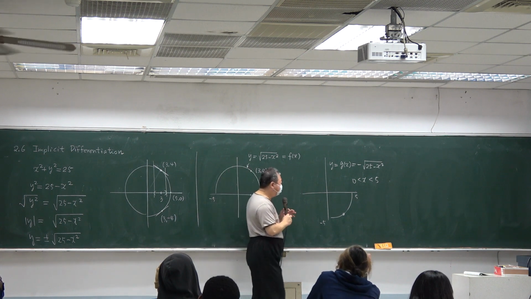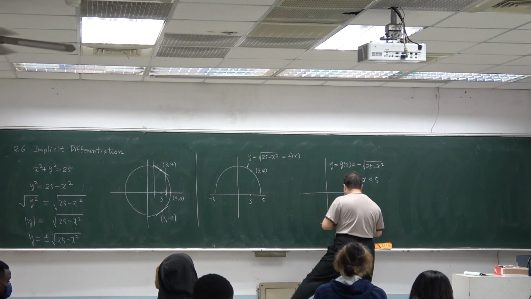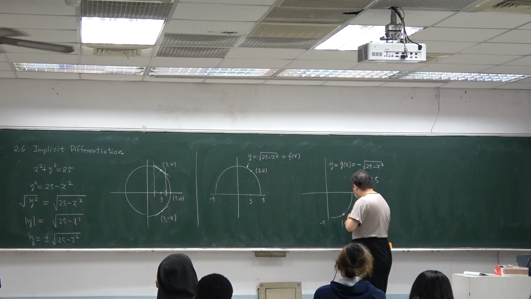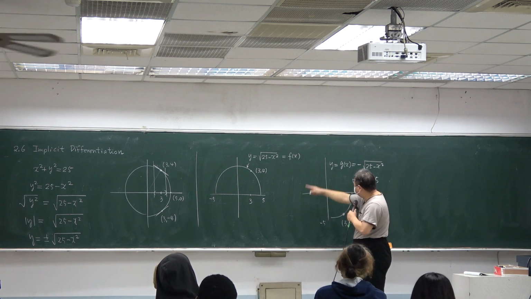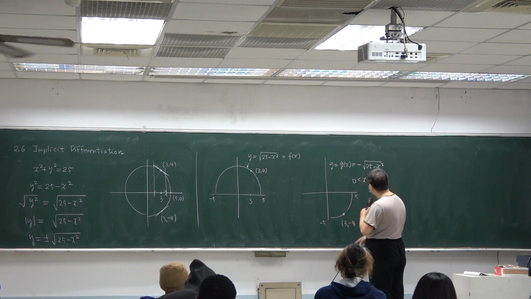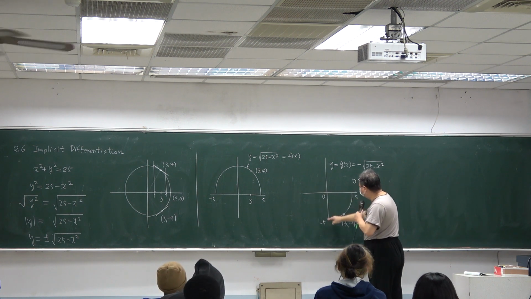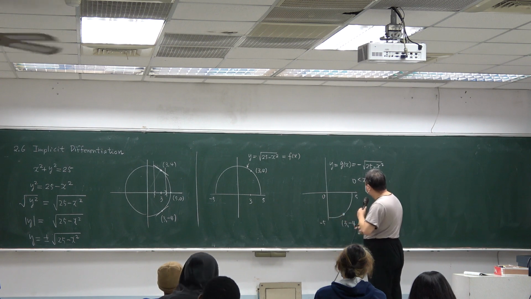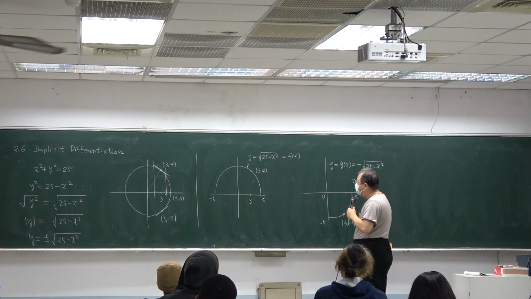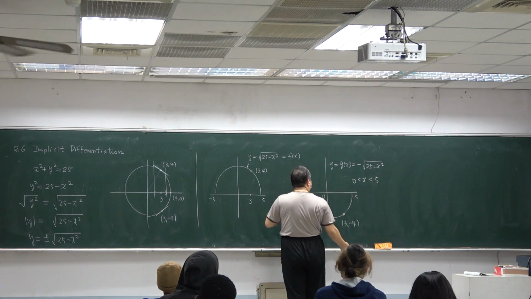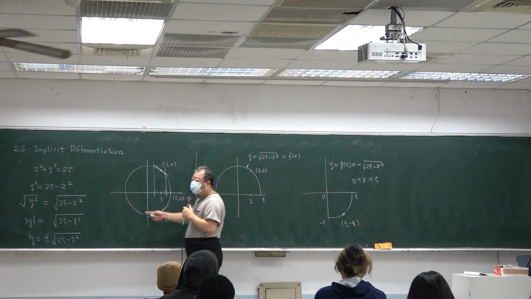And also, nearby this point 3, minus 4, if we consider the quarter of this circle here, from 0 to 5, only this arc, this is also a function of x passing through this point. And these two functions satisfy this equation.